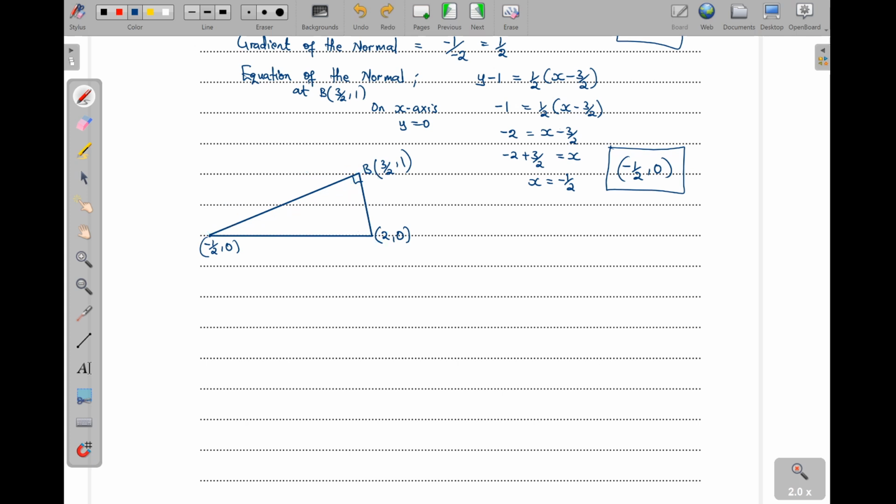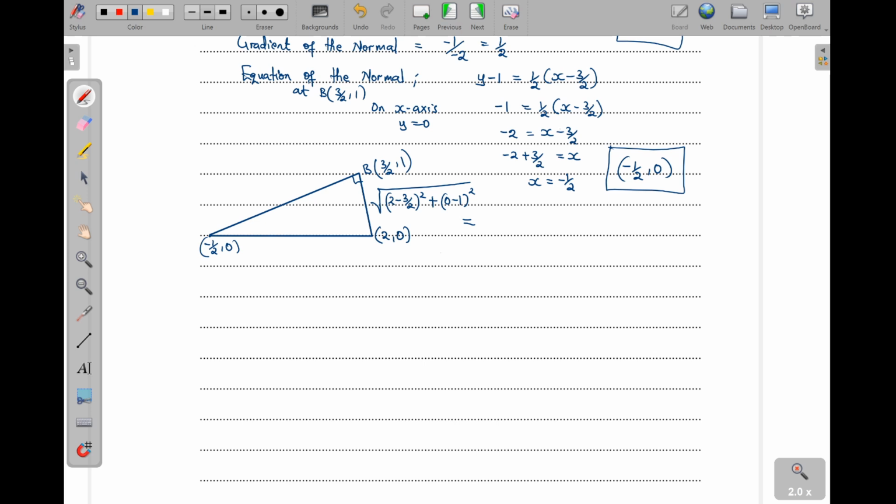Okay, let's begin. This one here is going to be the square root of, I can say, 2 minus 3/2 squared, then 0 minus 1 squared. So what do we get here? 2 minus 1.5, that is a half.